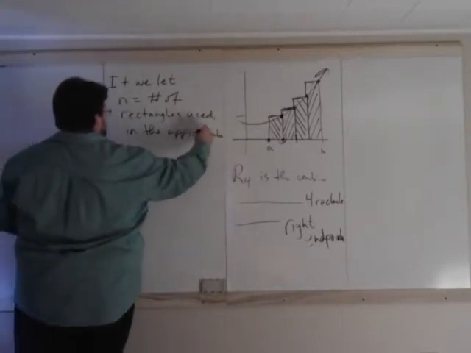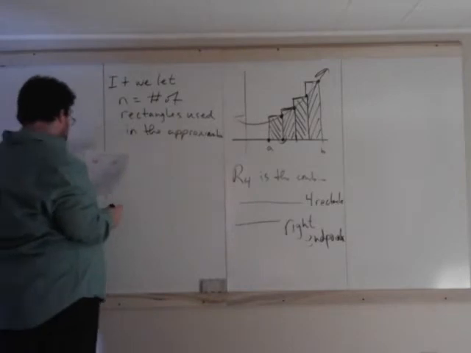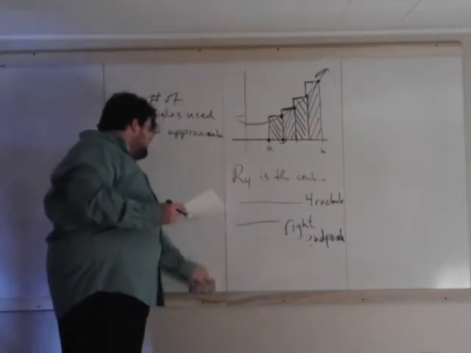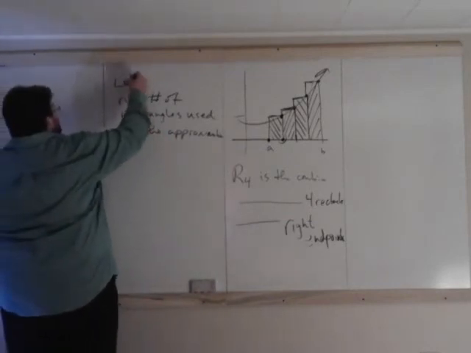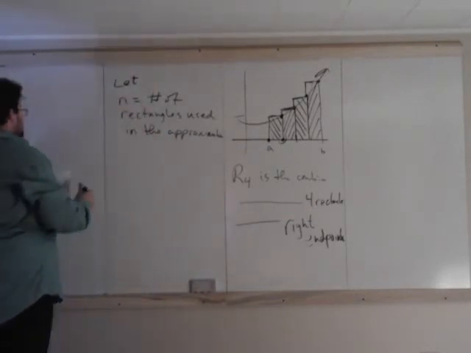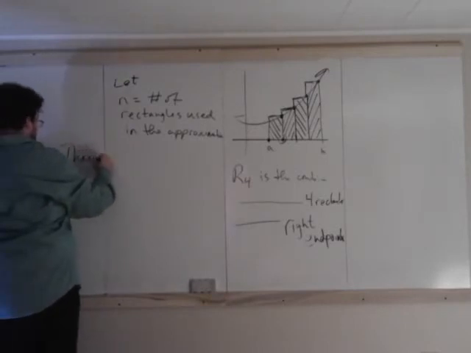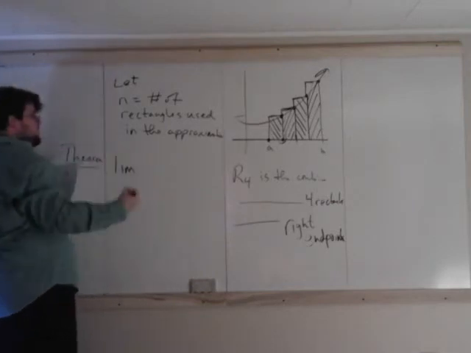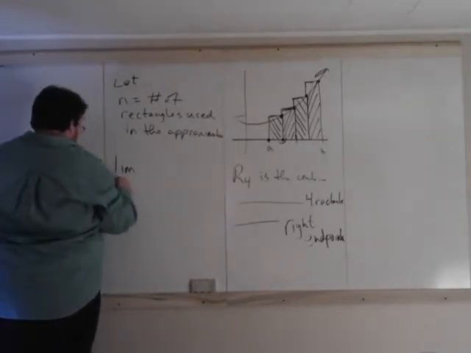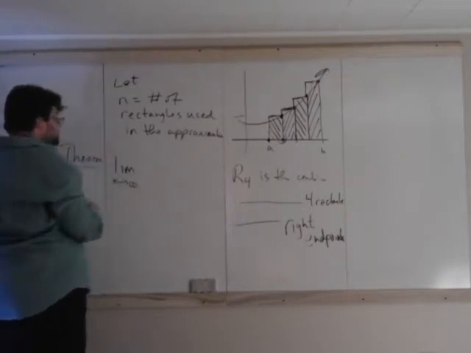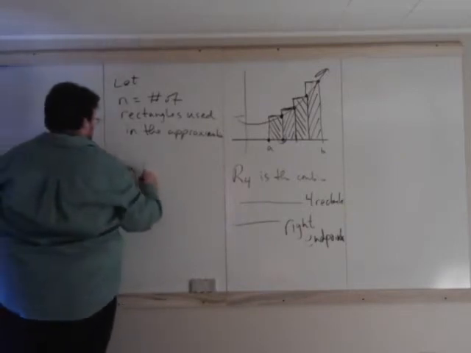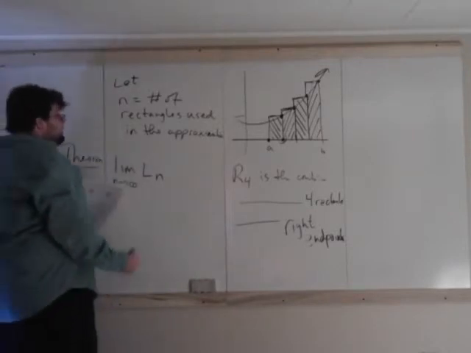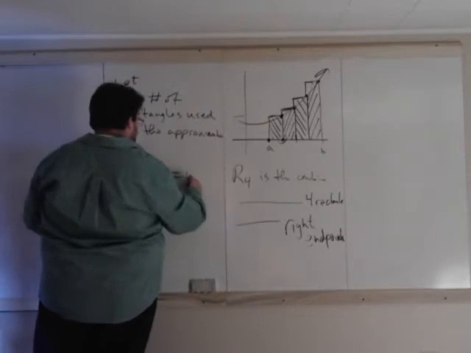What we said a few minutes ago was that if you let the number of rectangles go to infinity, then you'll get the exact area. So one part of the theorem is that this equals A, the initial area we wanted.